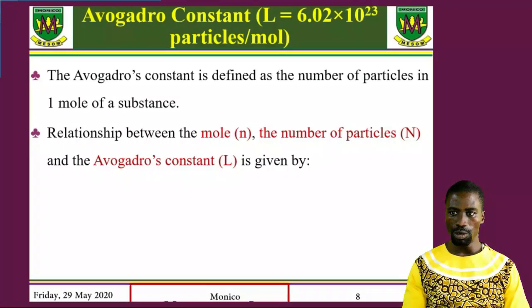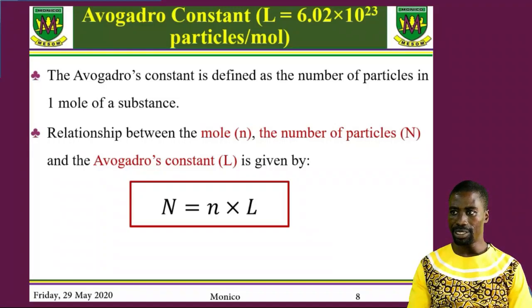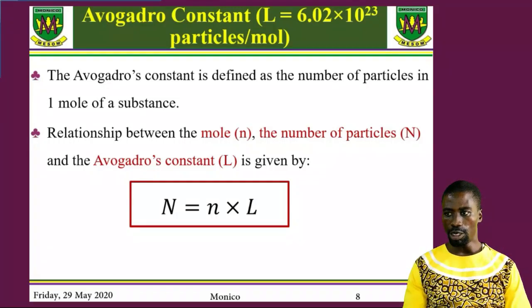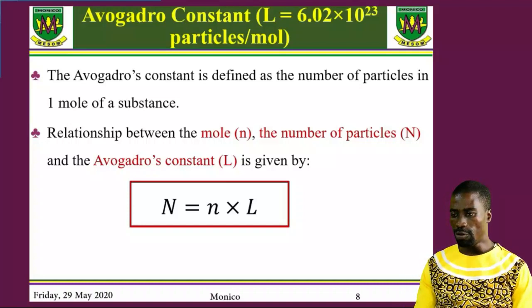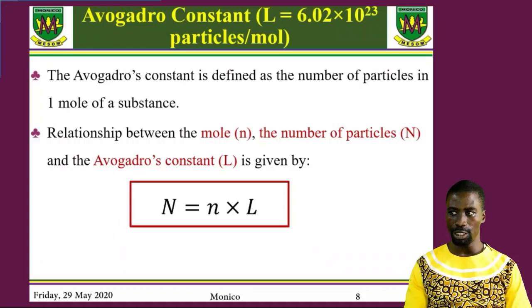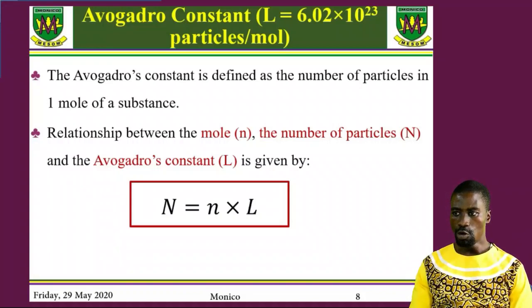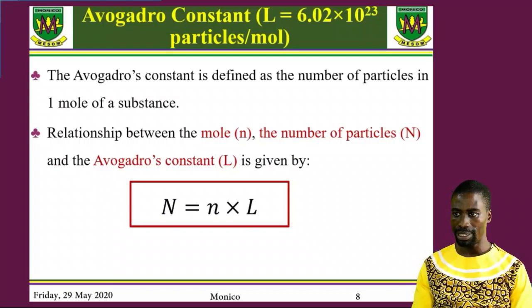And so let's look at that relation. We have capital N, which is the number of particles in a given substance, equal to the number of moles multiplied by the Avogadro's number. So from this relation, if small n, which is number of moles, is equal to 1, then of course the number of particles or entities, which is capital N, will also be equal to the Avogadro's constant or number.